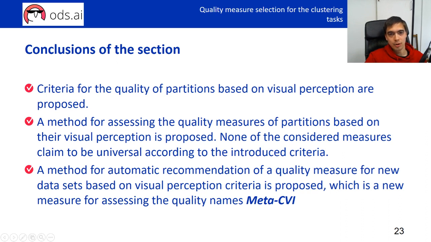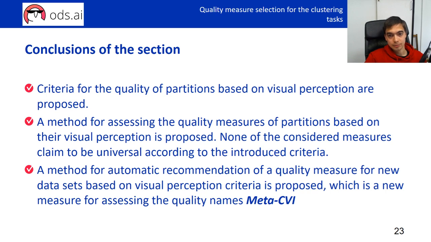As for preliminary results devoted to the clustering quality measures recommendation, we proposed the criteria for the quality of partitions based on the visual perception. Also, we proposed a method for assessing the quality measures of partitions based on the visual perception.